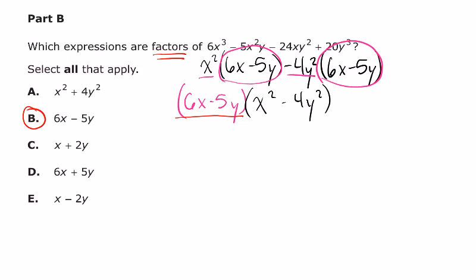Okay, but notice that we don't see this one anywhere, right? We have x squared plus 4y squared, but that's not the same as x squared minus 4y squared. So that's one that they put there just to trick you. Okay, but this is something that we can factor a different way, not factoring by grouping, but difference of two squares factoring.